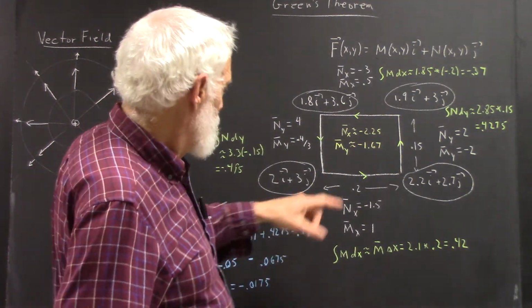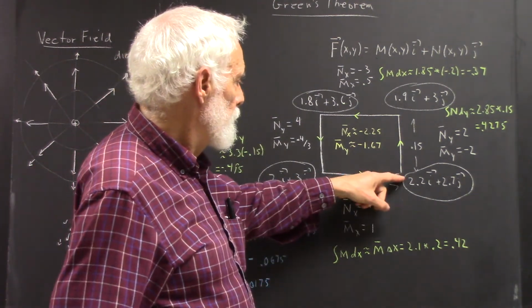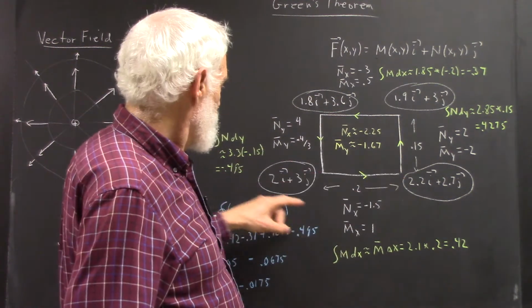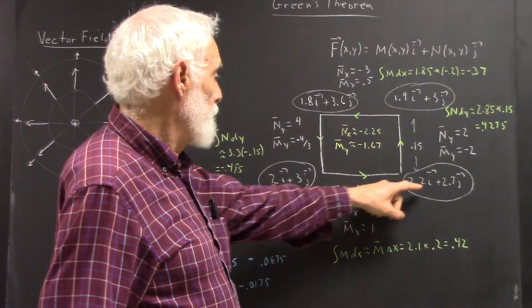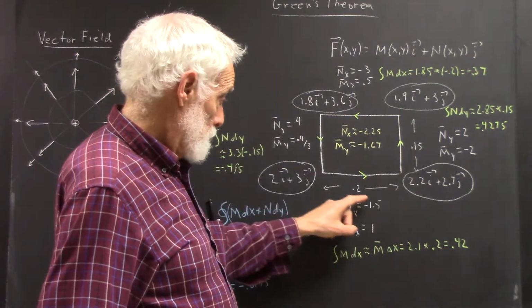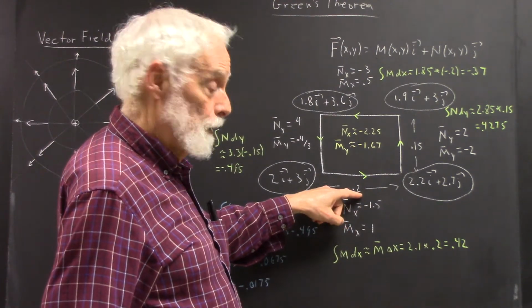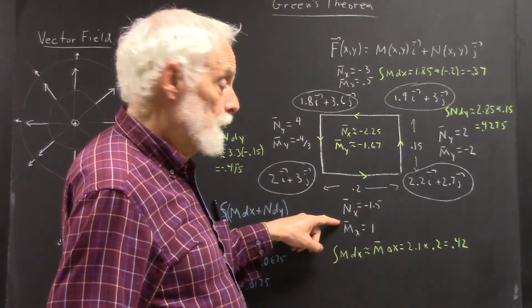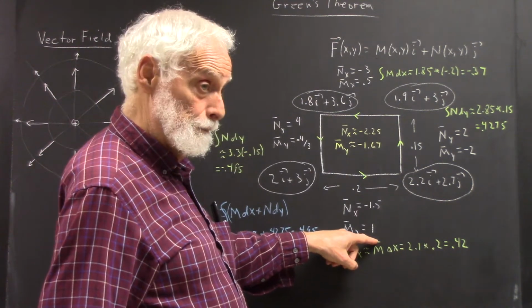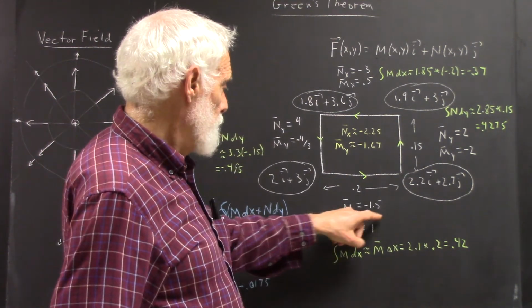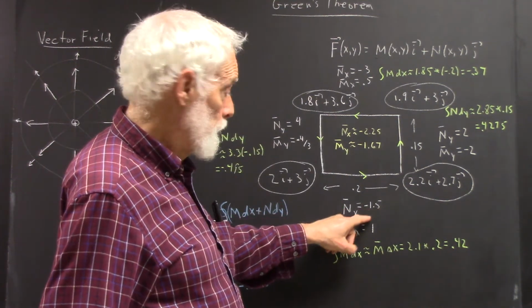Well, if we go from here to here, the value of M changes by 0.2 and x changes by 0.2. So the average of Mx is 1. And the average of Nx is negative 1.5, very easy.